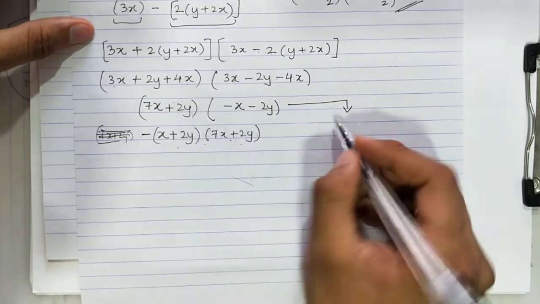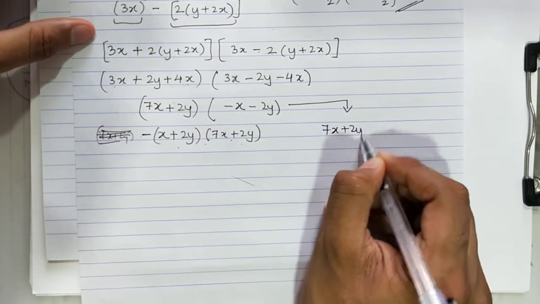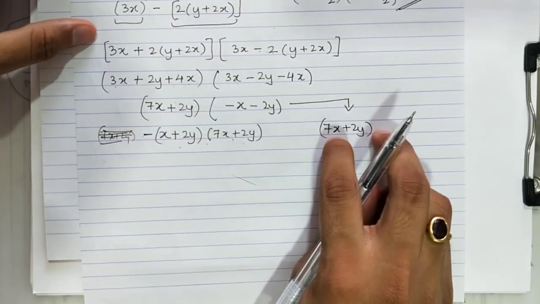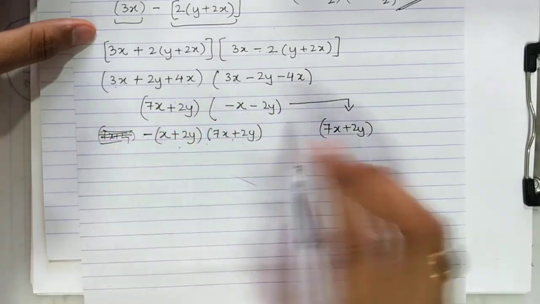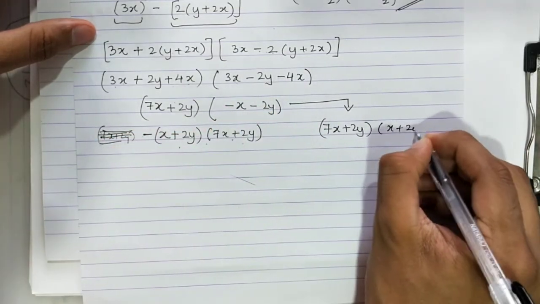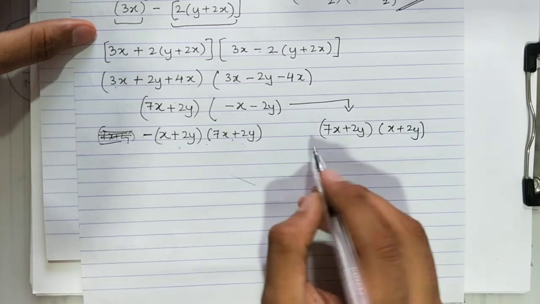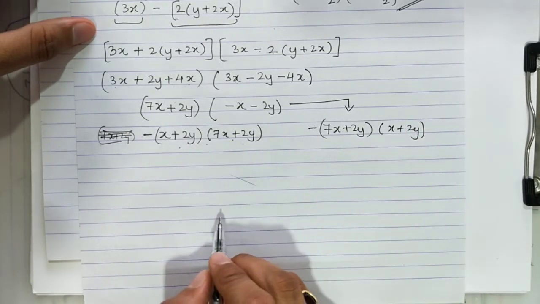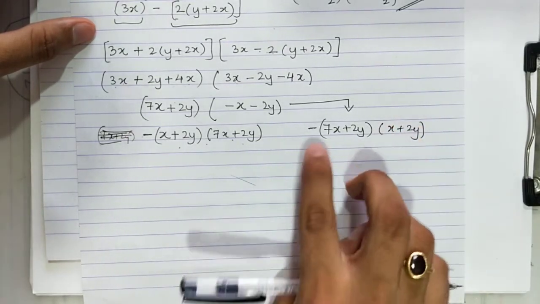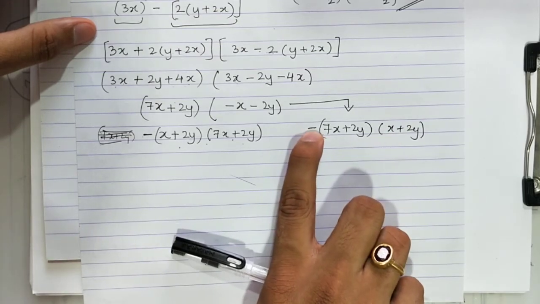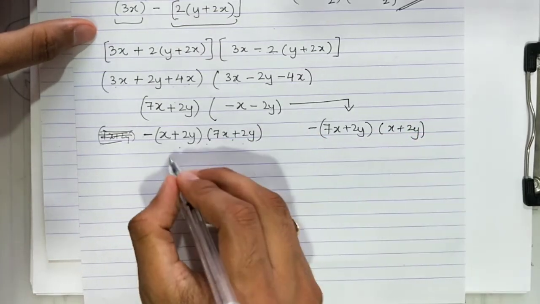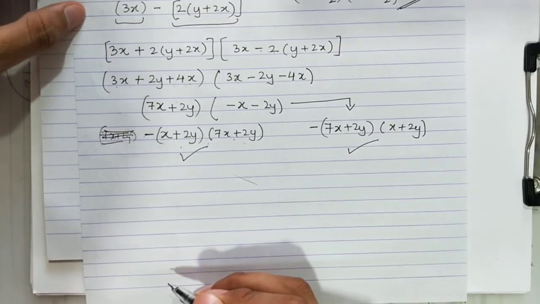That you keep 7x plus 2y in the first position. Once you take the minus sign common, you can write the minus sign here, which you took common from here. Okay, so this can also be the answer. This is also right and this is also right.